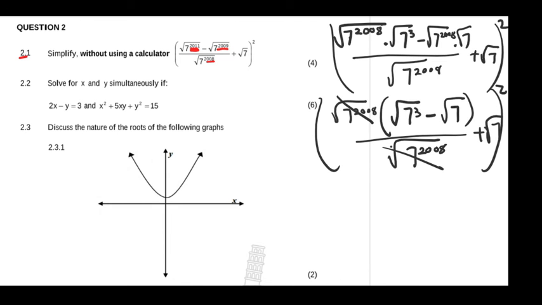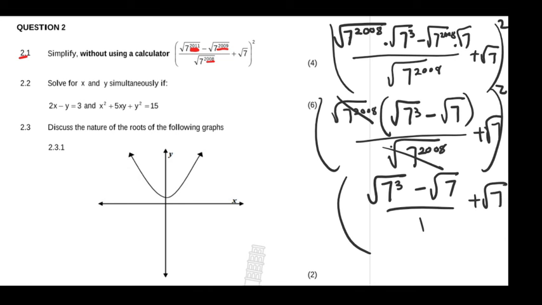So this will cancel out with this one, or will divide out, and then you remain with the following. You remain with the root of 7 to the power of 3 minus the root of 7 all over 1 plus the root of 7, right?